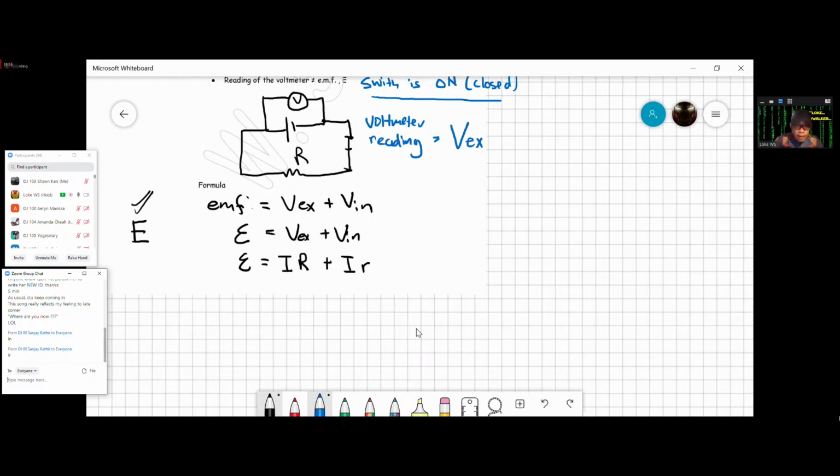Okay, what is the big R over here? Big R is called the external resistance, rintangan luaran. Unit ohm. So the small r is talking about internal resistance, rintangan dalam. Internal resistance. Is that clear?